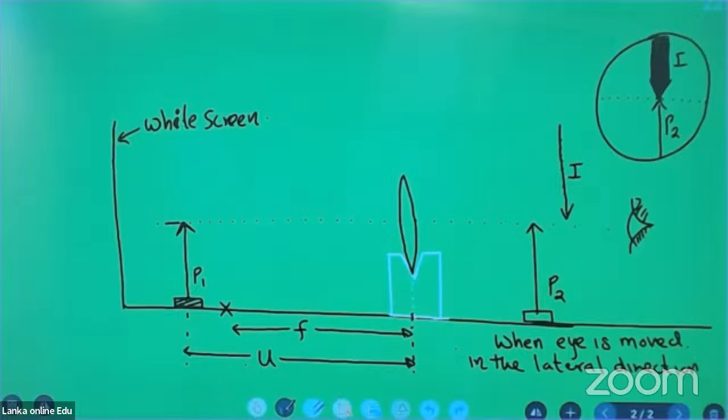Check one. Check one. Right, is it clear now?